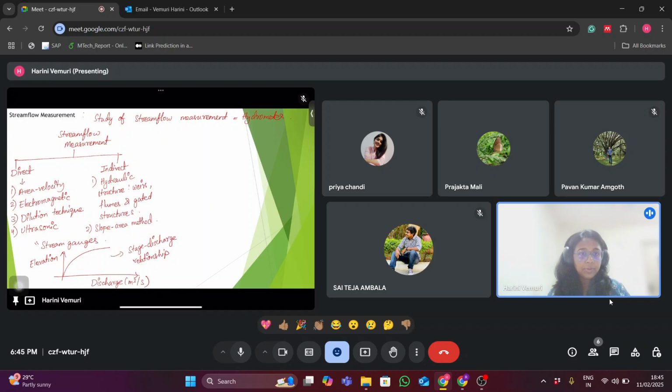Suppose in future, once this relationship is established and we know that some 100 meter cube per second amount of discharge is happening, we will know what is the height of the water in the river. Or else, suppose we know the elevation head of the river, suppose 10 meters is the elevation head in the river, then we can find the discharge values within the stream.